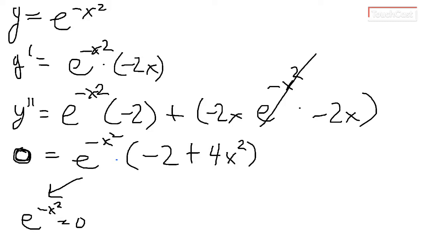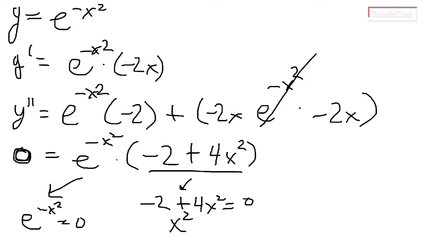The result can never be 0 or negative. And then I'm going to take this second factor and set it equal to 0. So negative 2 plus 4x squared equals 0. I'm going to add 2 to both sides and divide by 4. I'm going to get x squared equals 1/2.